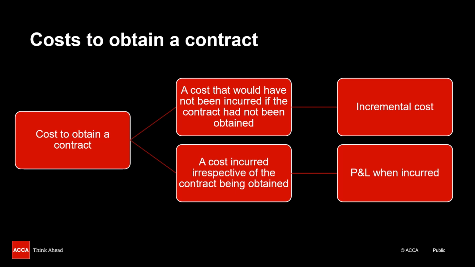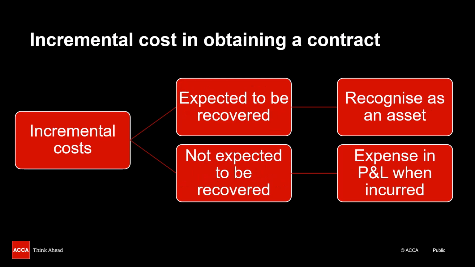However, if a cost is incurred despite obtaining a contract or not, then those costs are recognized in P&L when incurred. If an incremental cost is expected to be recovered from the customer, then the cost should be recognized as an asset. If not, the cost should be recognized as an expense in profit and loss when incurred.